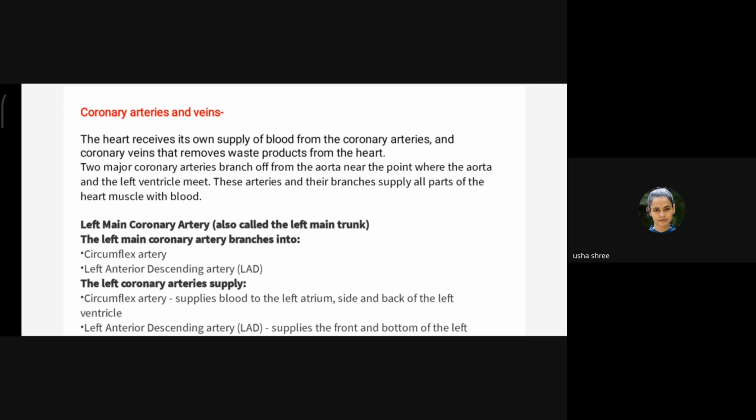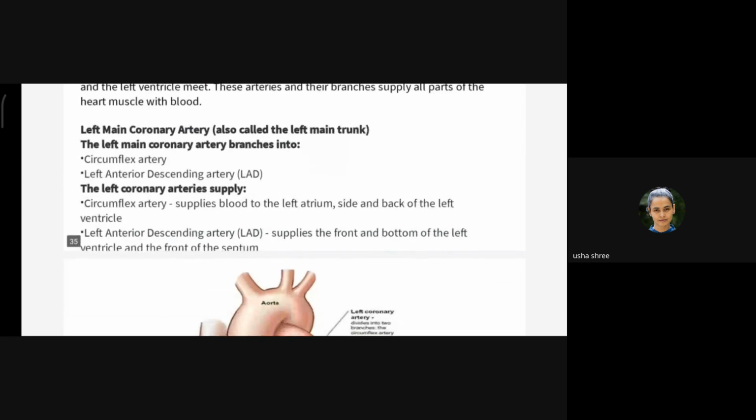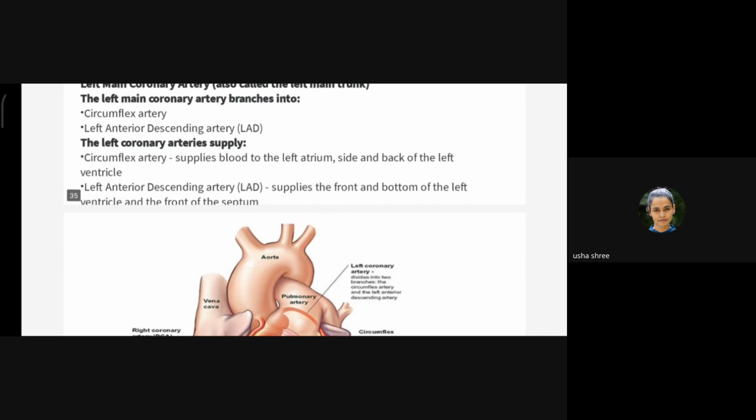The circumflex artery supplies blood to the left atrium, side and back of the left ventricle. And the left anterior descending artery supplies the front bottom of the left ventricle and front of the septum.